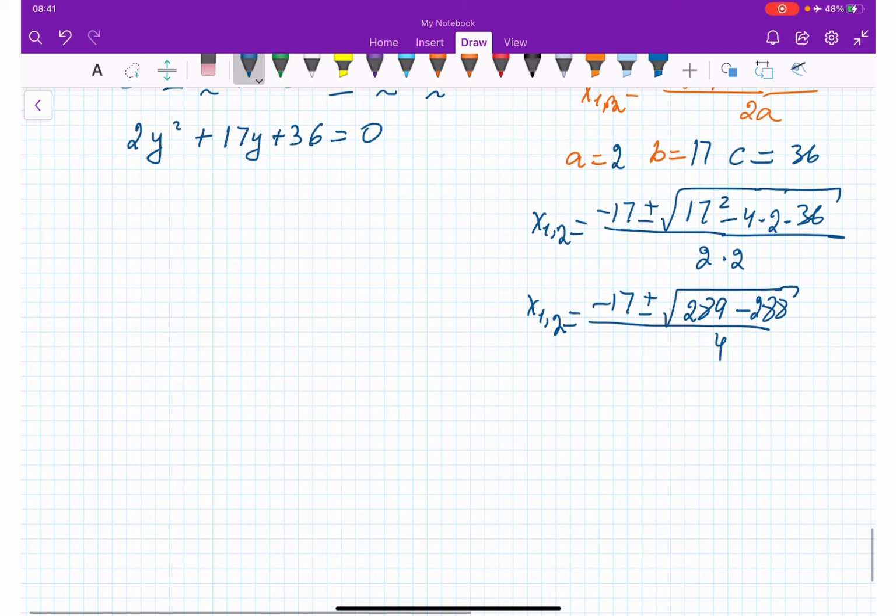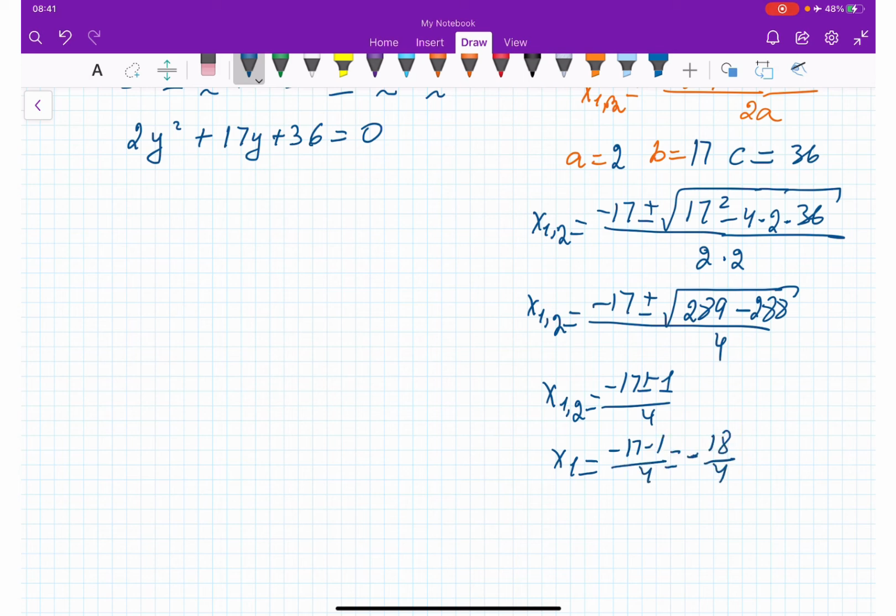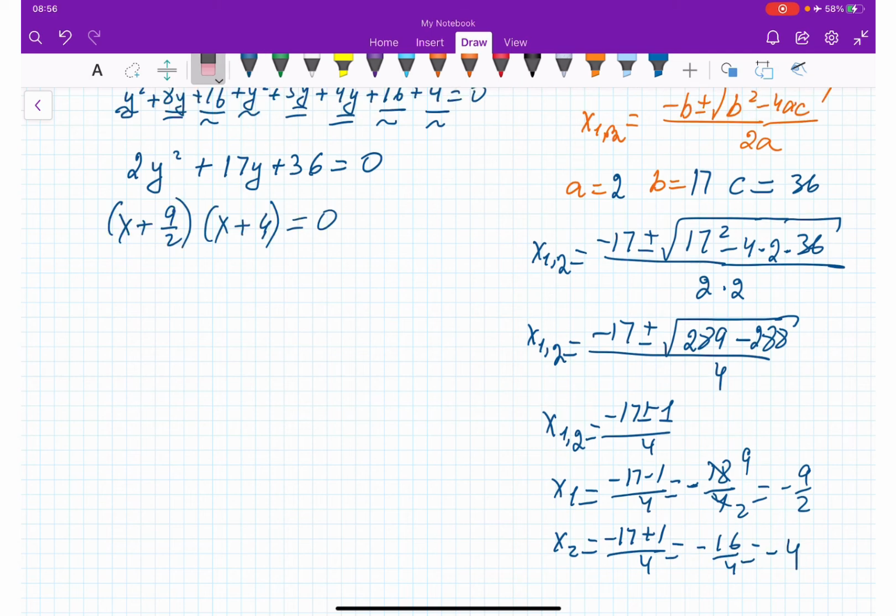So from here, x1,2 is equal to negative 17 plus or minus 1, over 4. x1 is equal to negative 17 minus 1 over 4, negative 18 over 4. Divided by 2 is 9, divided by 2 is 2, negative 9 over 2. And x2 is equal to negative 17 plus 1 over 4. It's going to be negative 16 over 4, which is going to be negative 4.